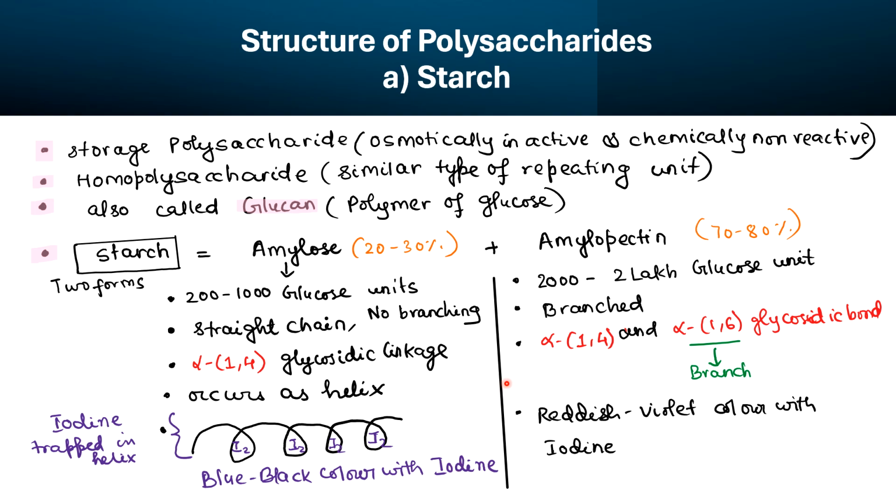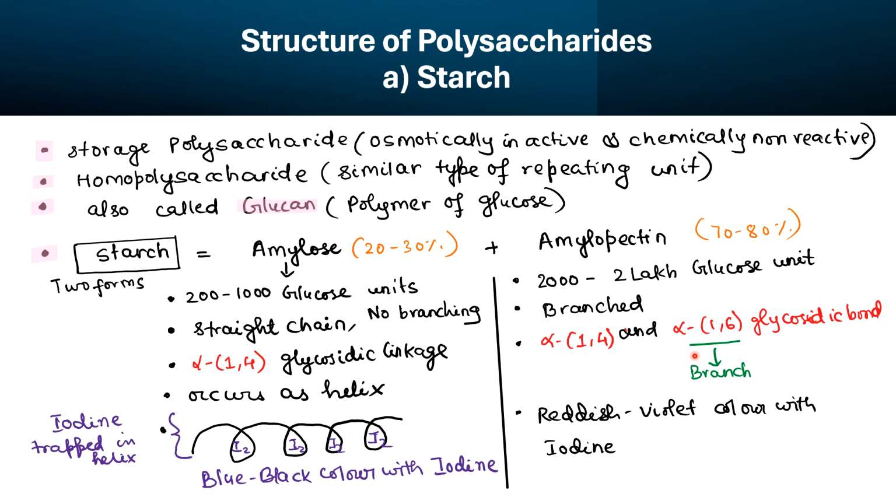Okay. Now let's see amylopectin. Like amylose, amylopectin has a main chain which is made up of alpha 1,4 units, but additionally it also has branches. And what is the glycosidic bond present in the branch?